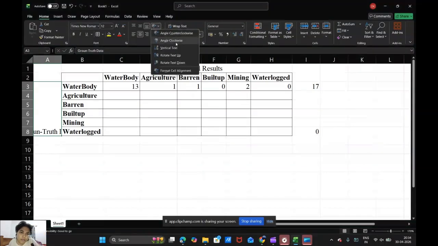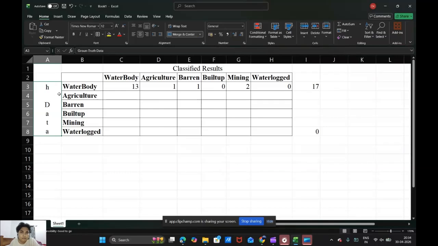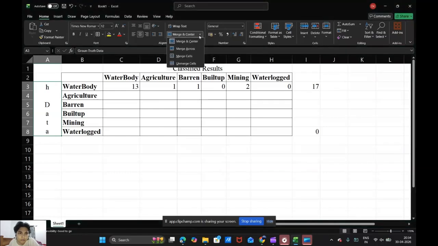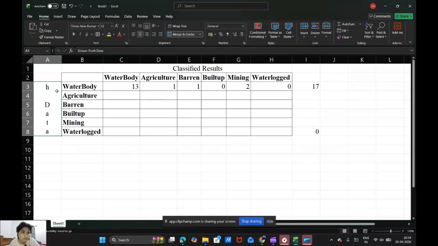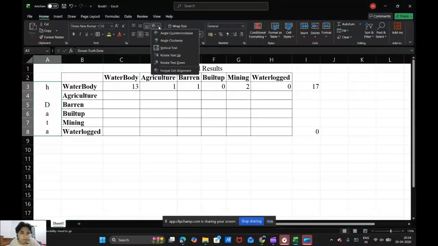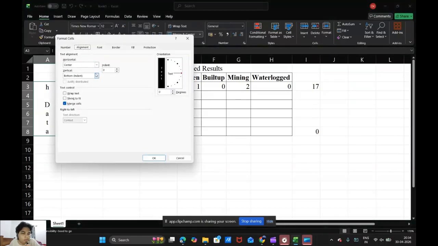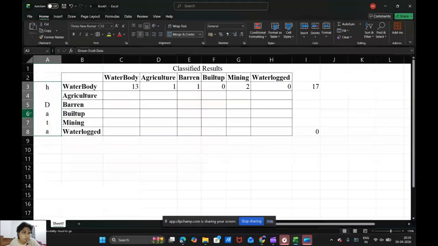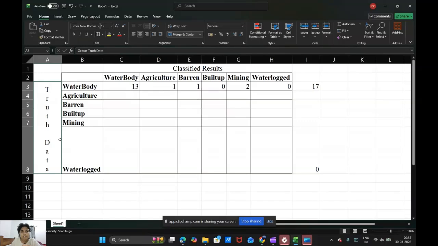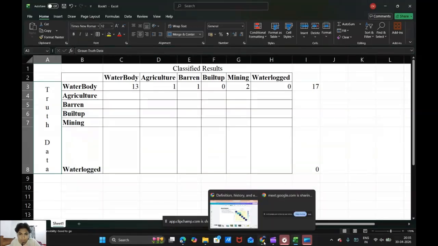There's a way to do that. So this is true ground truth data, and this is classified data. I'm not able to show you ground. All right. Then coming back, just copy this.